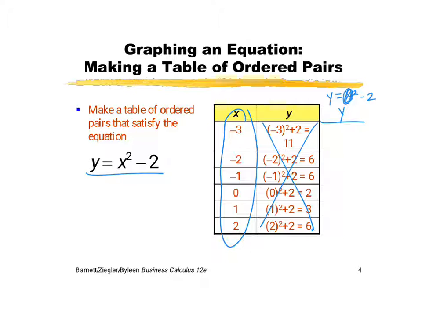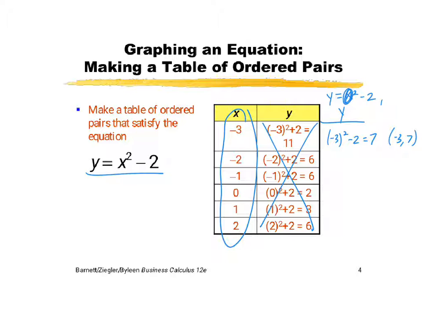Okay, so for the first one, if I have x equals -3, I have x squared, which is -3 squared, minus 2. And so -3 squared is +9, -3 times -3, minus 2, which is 7. And so our ordered pair for this will be (-3, 7).